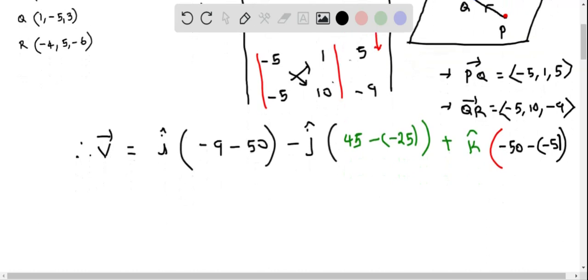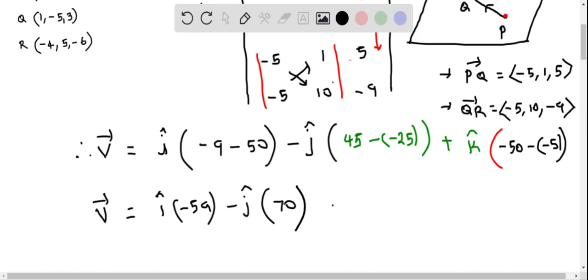Now let's simplify this. Therefore, v vector is equal to i times -9 minus 50, which is -59, and then we have this -j multiplied by 45 plus 25, which is 70. And then for the k component, we get -50, this is plus 5, so it results in -45.